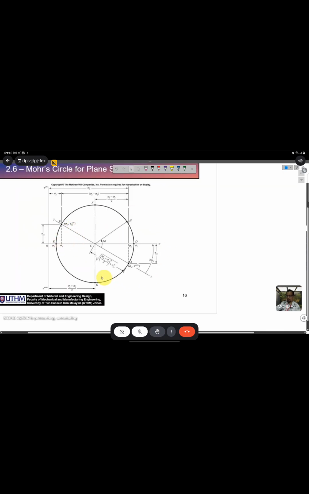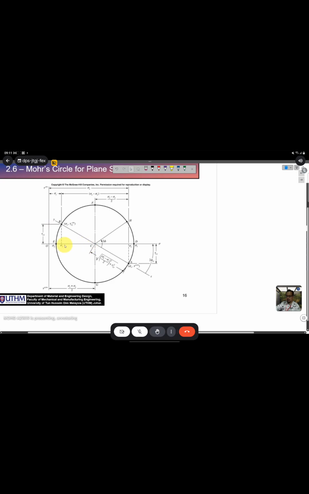If you don't use graph paper, then you cannot get the correct answer. So for the Mohr circle, we have sigma x and sigma y here, and then we have tau xy here. From here, we have this point and this point. To draw the Mohr circle, you need to have sigma x, sigma y, and tau xy.